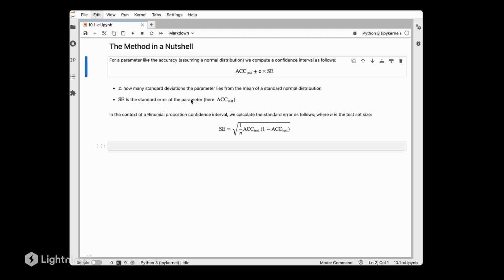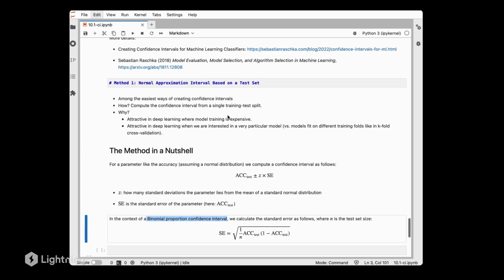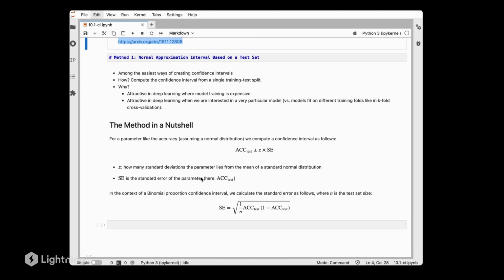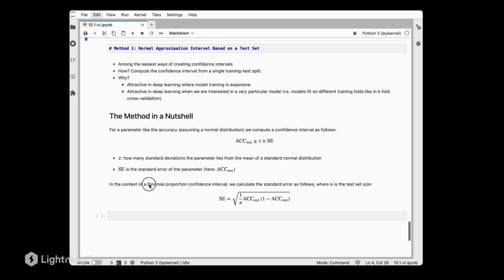Here we are modeling this in the context of a binomial proportion confidence interval. And again, this is a bit tricky if you are not that familiar with distributions. But I have a more step-by-step explanation of that in my article that I referenced above. So I've written about this in more detail here. Like I said, this would be almost a lecture on its own. So maybe for this example, just assume that this is correct and we can make this approximation, this binomial proportion approximation or assumption.